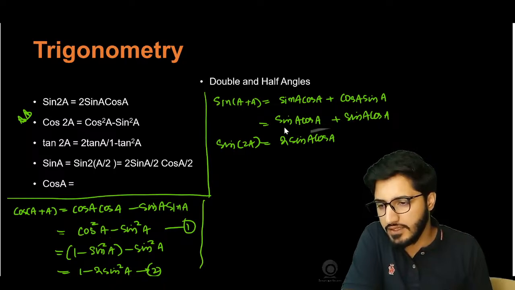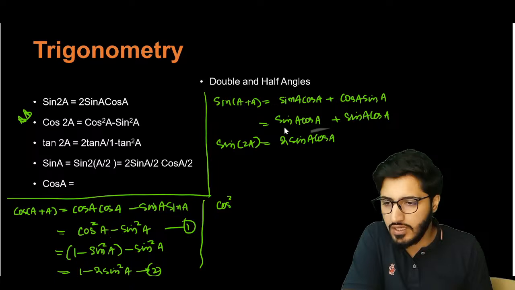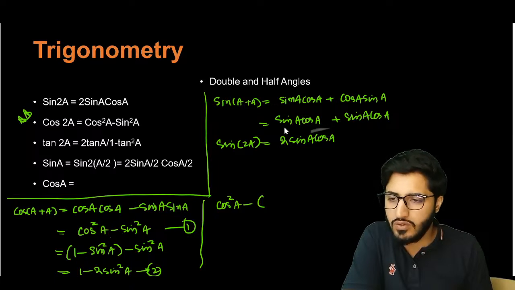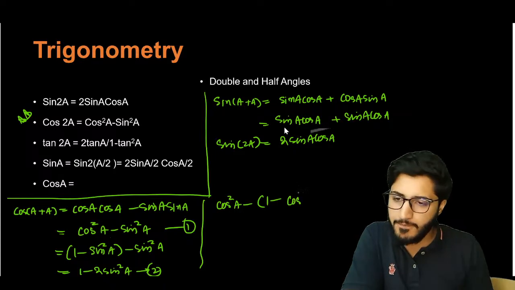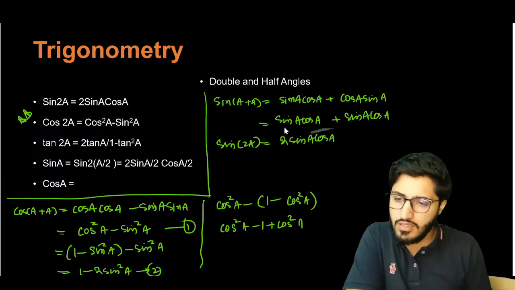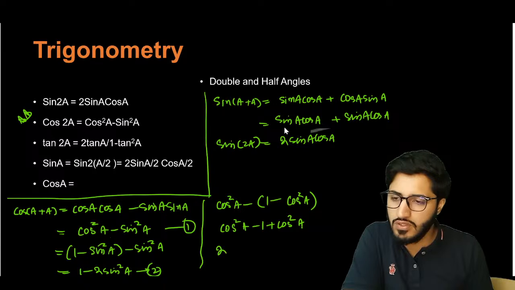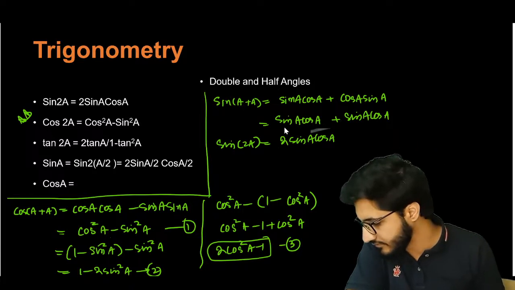I can also represent this as cos square A minus sin square A, where sin square A is 1 minus cos square A. So this will become cos square A minus 1 plus cos square A. So I can represent this as 2 times cos square A minus 1. So we have 3 identities of cos 2A.